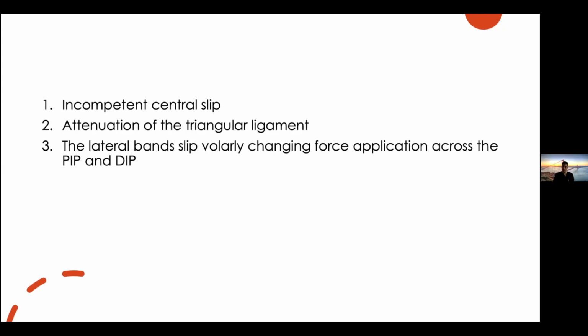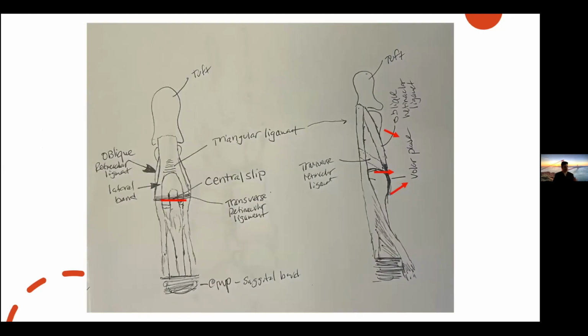because of viscoelasticity. This slowly progresses. So the incompetent central slip, you get attenuation of the triangular ligament, and the lateral bands slip volarly, changing the force application across the PIP and DIP joints. So here you can see first you cut the central slip. What happens when you cut this?